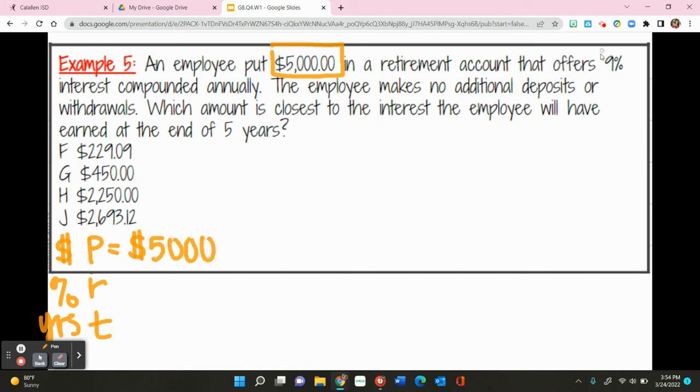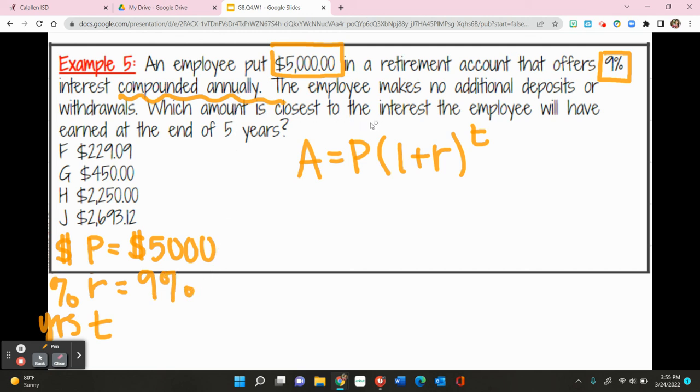And it offers 9% interest compounded annually. So since it's compounded annually, that is telling me to use the formula A equals P parentheses 1 plus R to the power of T. So again, my interest rate was 9%.